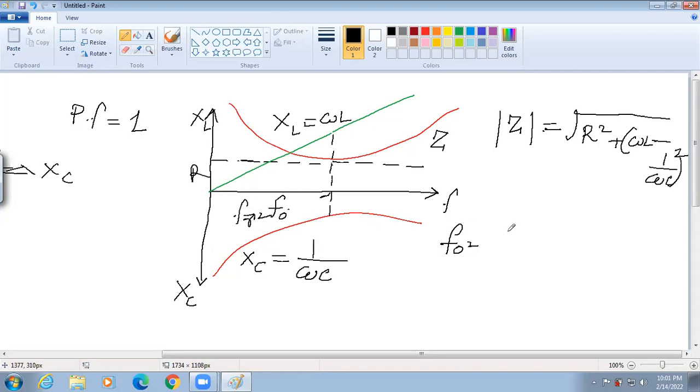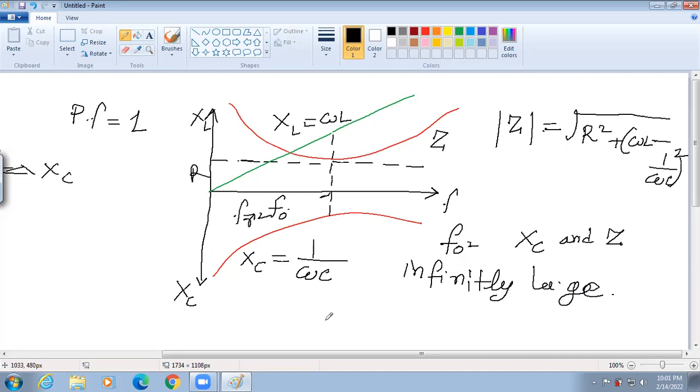Then XC and Z are infinitely large. Now, XL is zero because at the zero frequency, the capacitor acts like an open circuit and the inductor acts as a short circuit.